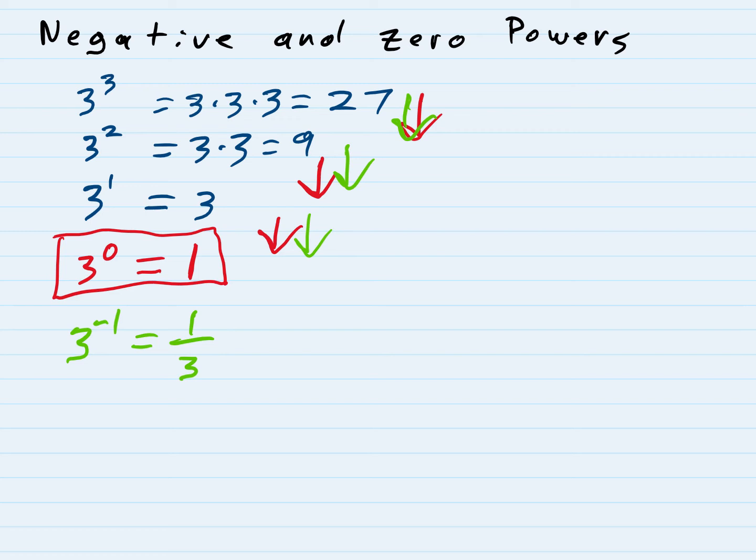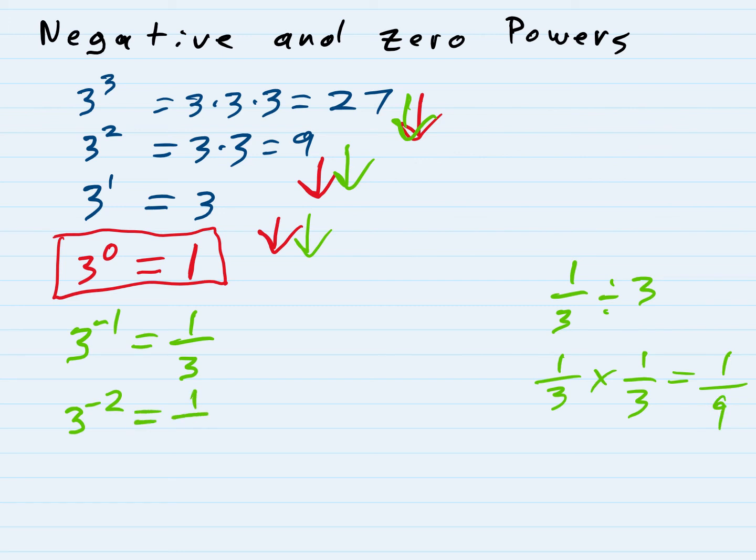Let's continue and look at 3 to the negative 2 would be the next in the sequence. And that would be 1/3 divided by 3. But 1/3 divided by 3 is the same as 1/3 times 1/3, which is 1/9. So that's the same as 1 over 3 squared, which is 1/9.